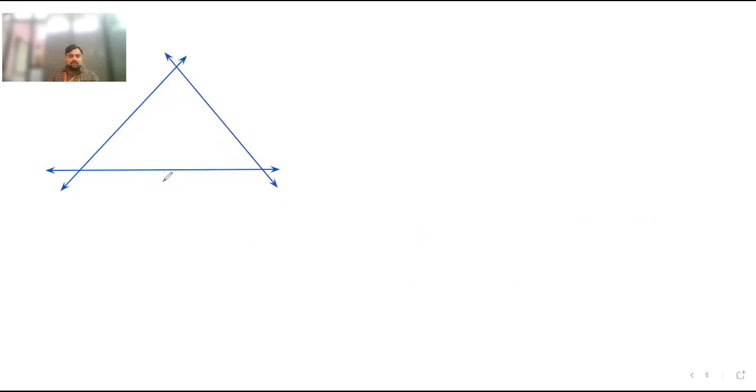So now let us say that this is force F1, this is F2, this is force F3. Then this exterior angle is alpha, then this exterior angle is beta, and this exterior angle on this side is gamma.